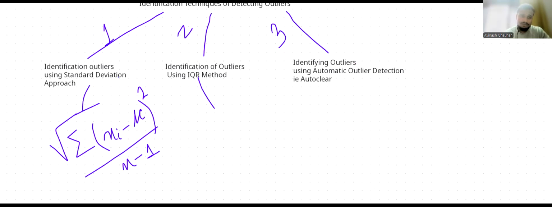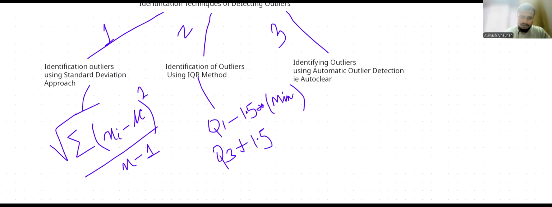The lower limit for outliers is Q1 minus 1.5 times the IQR, and the upper limit is Q3 plus 1.5 times the IQR.